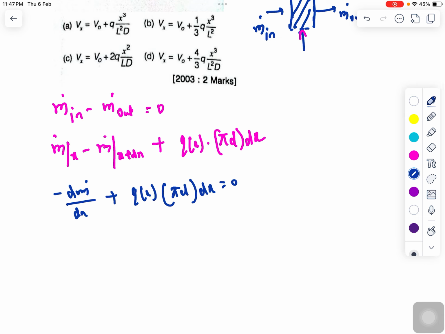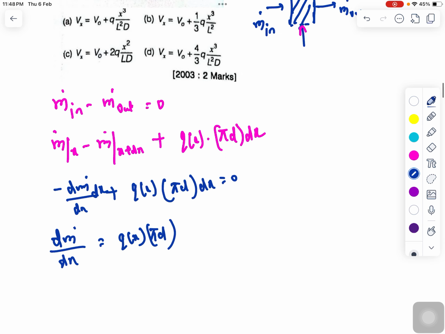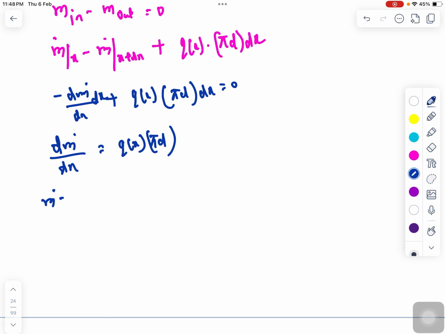So dm dot divided by dx equals qx into pi d. And what is m dot? m dot can be written as rho into A into vx. Is that clear?